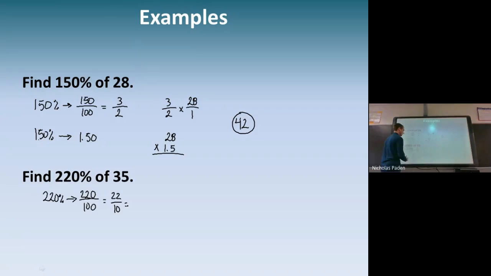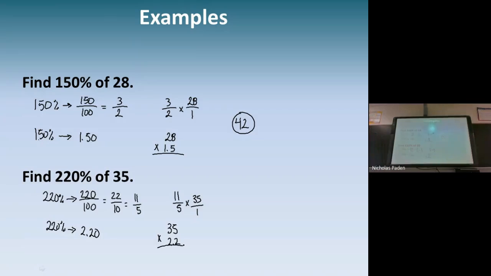And you can simplify that one more time and get 11 over 5. So you do 11 over 5 times 35 over 1. Or I could write 220% as a decimal, and that would be 2.20 or 2.2. So I would do 35 times 2.2.